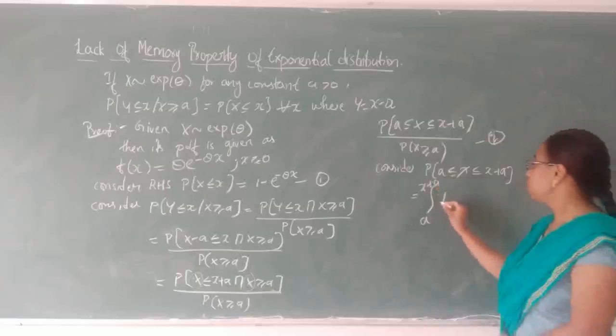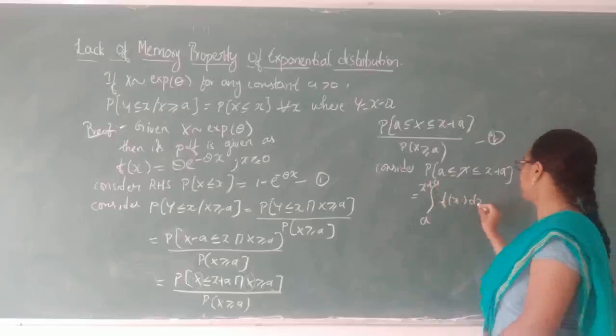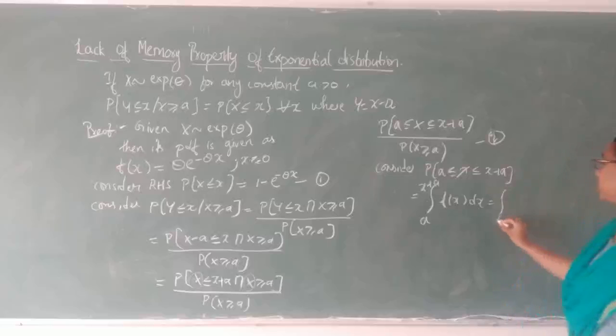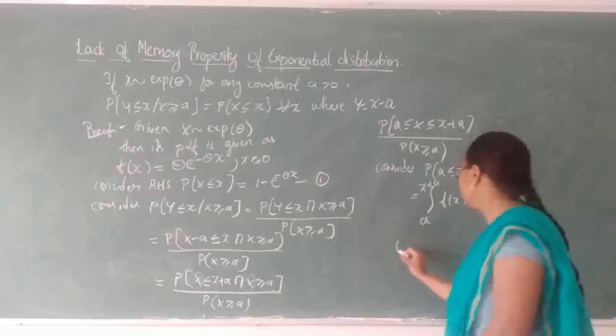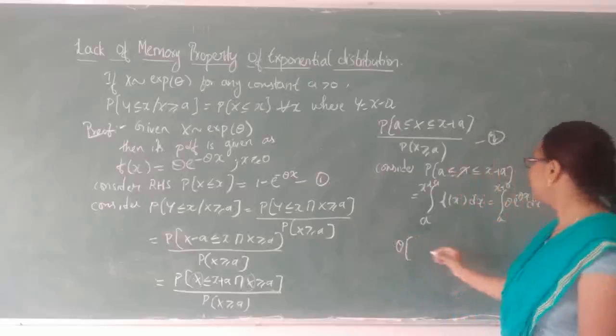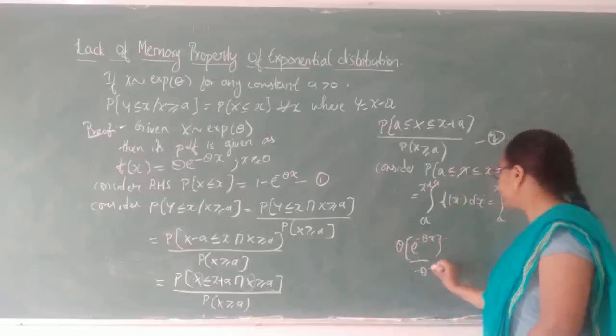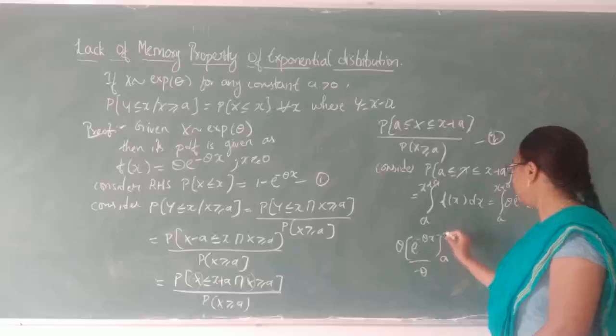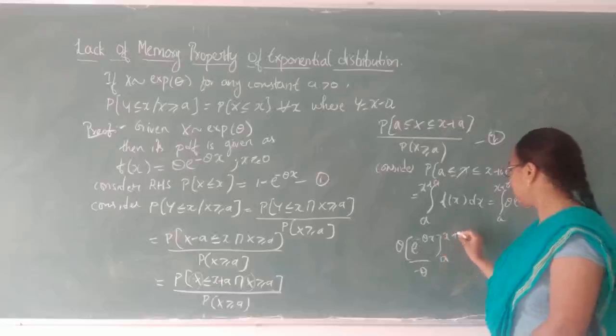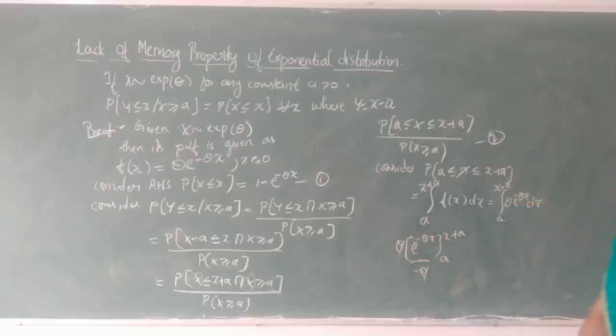dx. So what is f of x? Which equals the integral from a to x plus a of theta into e power minus theta x dx. Here theta is constant. Integration of e power minus theta x is e power minus theta x divided by minus theta, within the limits a to x plus a. So theta and theta get cancelled.